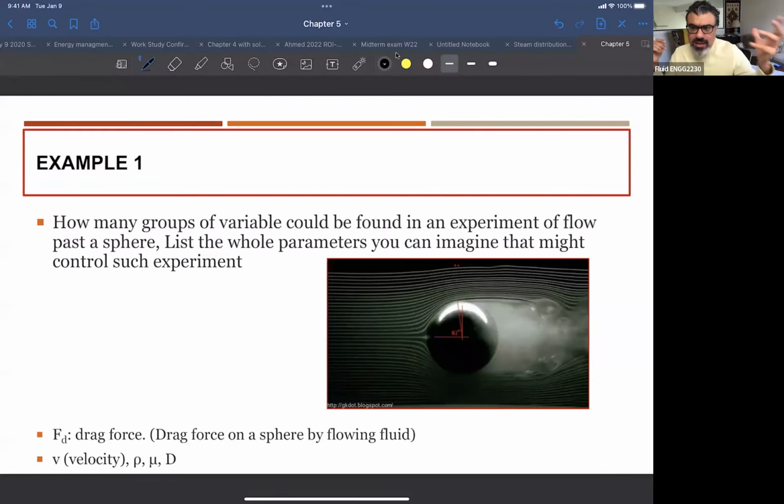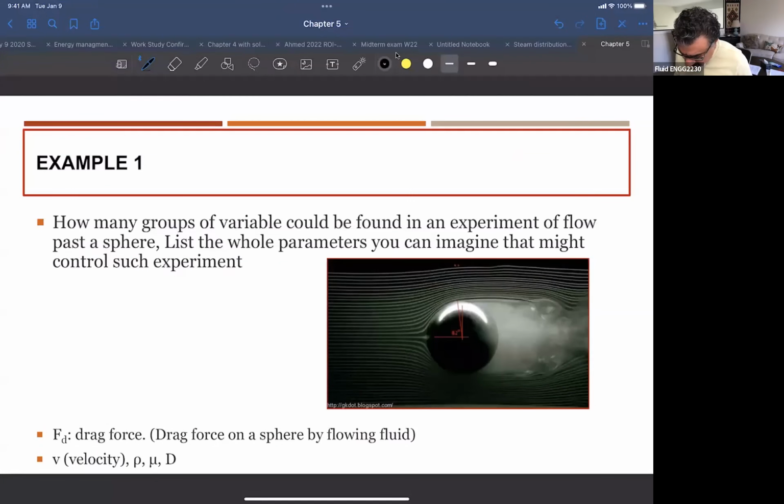Okay, you're designing an aerospace component versus designing a plumbing system in your house, something like that, right? What will be the expected uncertainty in these 2 systems, right?